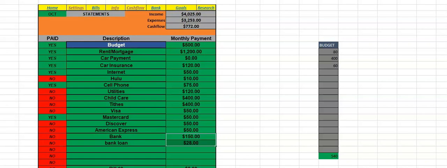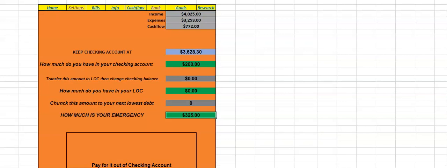One other thing I wanted to say before I stop, this is getting a little long: if you understand leverage, if you want to do a balance transfer from a credit card to help get this checking account to the required amount, let's say you've got fairly good credit, you can go to Credit Karma, and at the top it'll say credit cards.